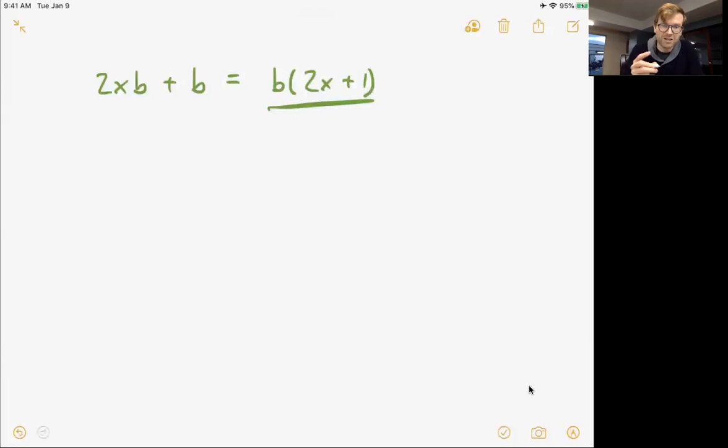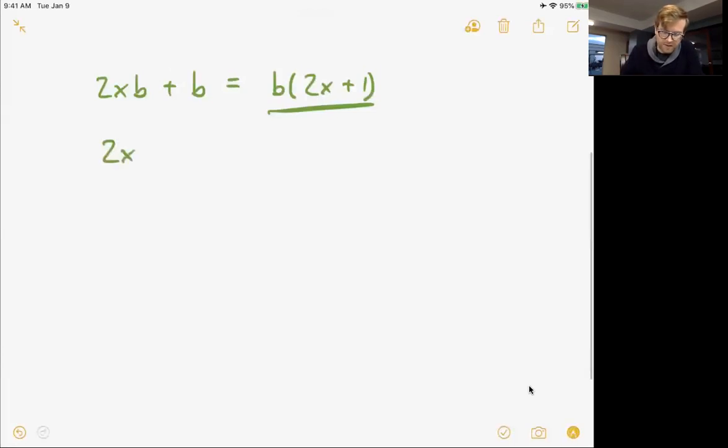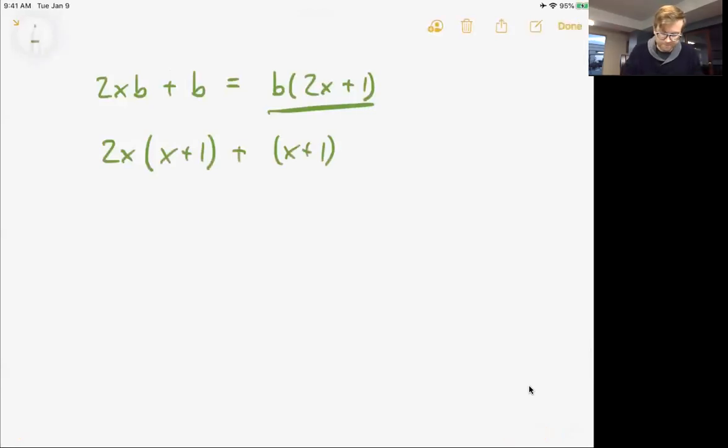Okay, so imagine if we had a very similar situation. We had 2x times x plus 1, plus x plus 1, okay? I want you to notice that this is really, really similar because this thing, x plus 1, is essentially filling in the same role that this b was filling in the previous example.